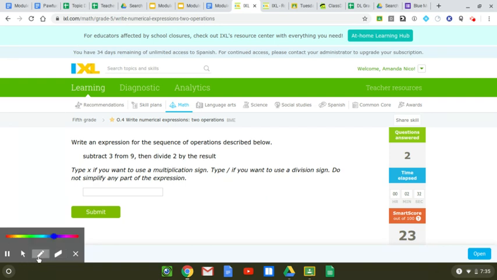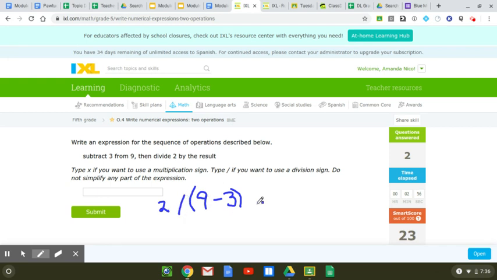Okay, so this one gets a little more complicated. It says subtract 3 from 9. So I'm taking 3 away from 9. Okay, and then it says then divide 2 by the result. So I'm dividing 2 by the result.